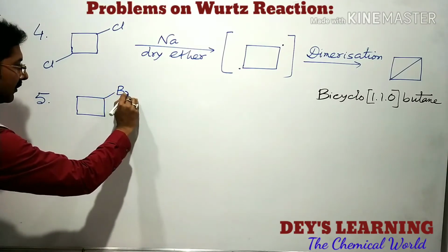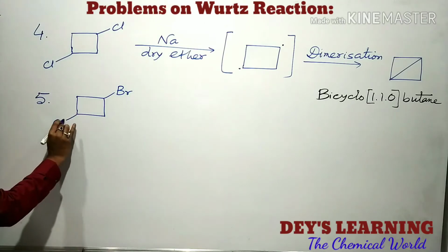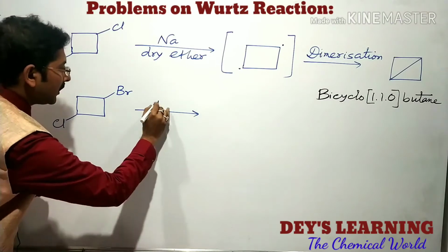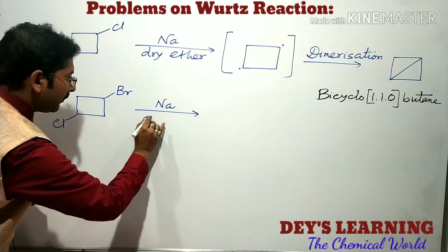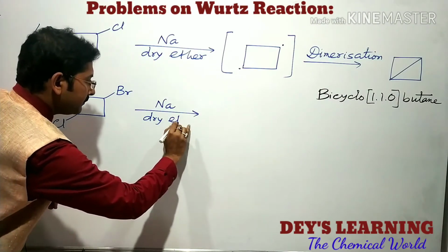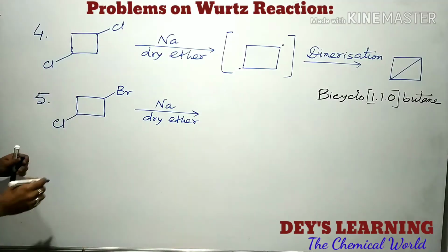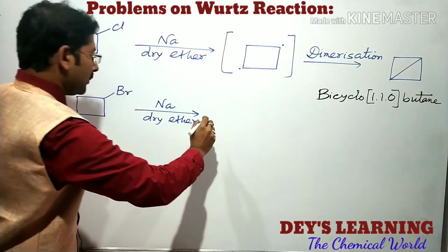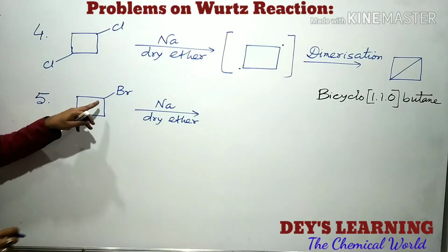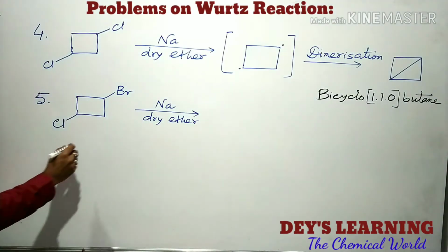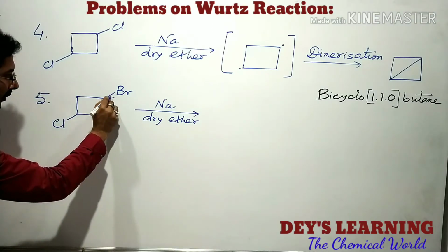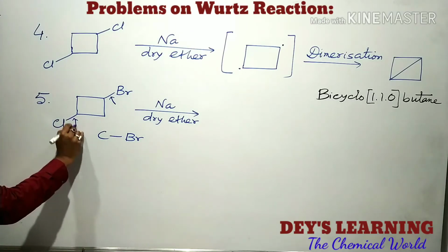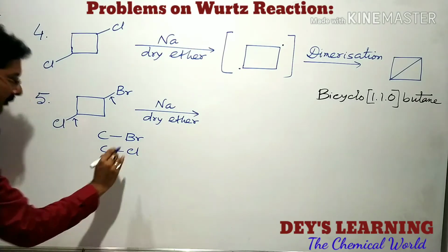If we have this type of substrate, then what will happen? If we treat this molecule with sodium in dry ether medium, 2 things are possible, because we know this carbon bromine bond here, and here of course this one is the carbon chlorine bond.